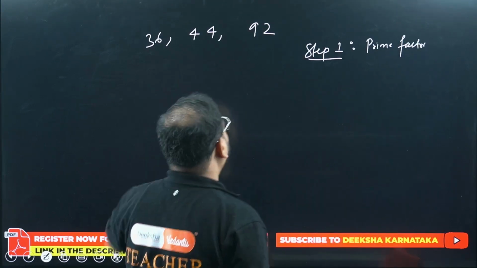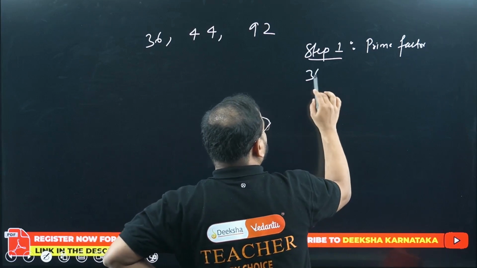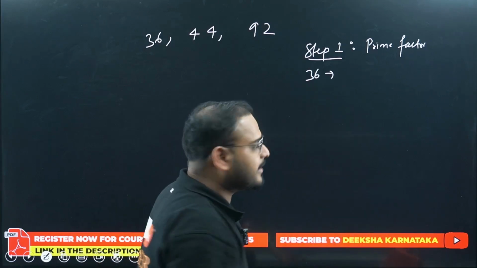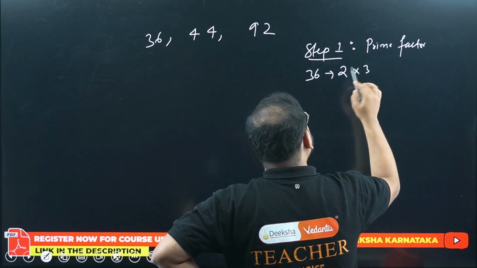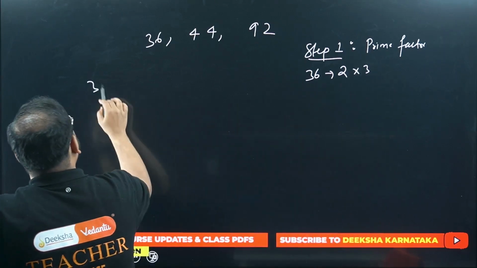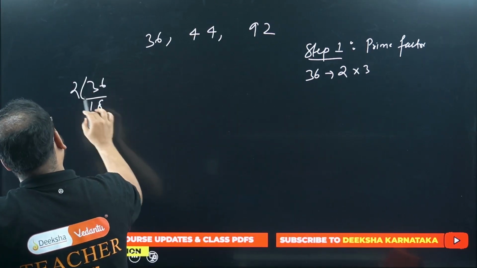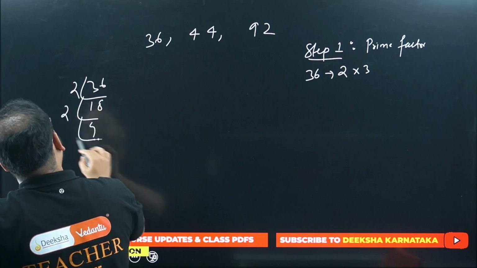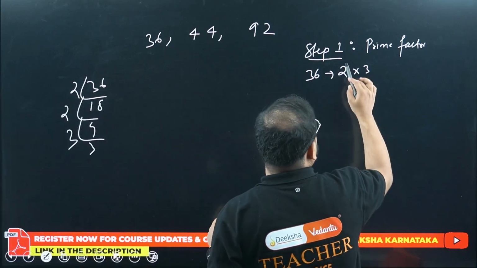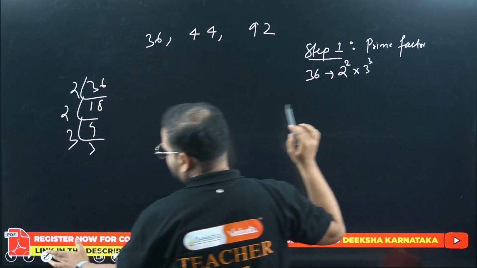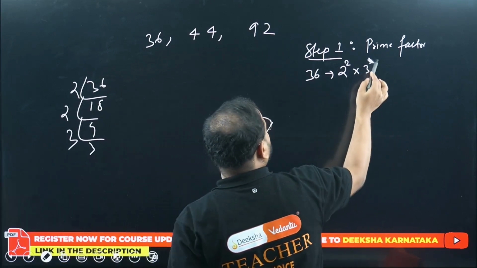So let's do it. I'll do 36 first. 36 I can write as 2 times 18, 2 times 9, then 3 times 3. So what I get is 2 square, 3 square.